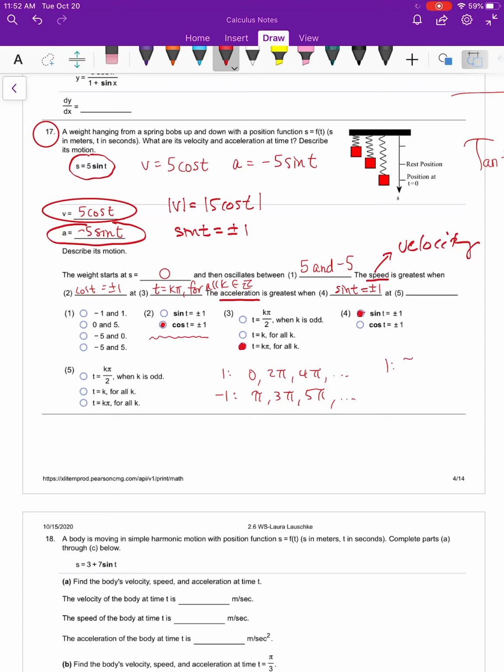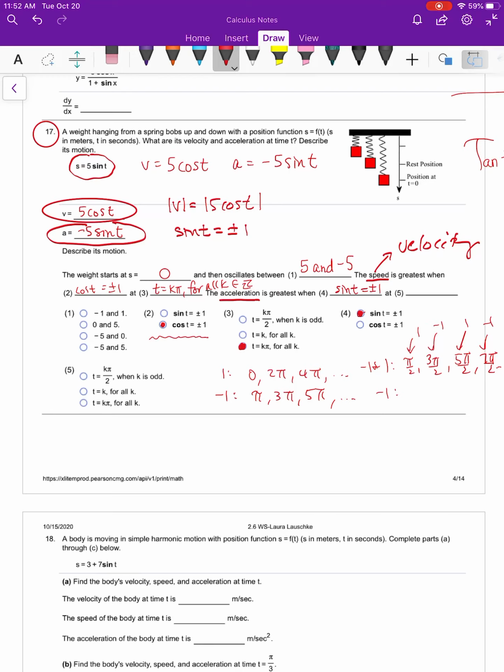Well, the sine is 1 at pi over 2, 3 pi over 2, 5 pi over 2, 7 pi over 2, and so on. And it's -1, or I'm sorry, it's +1 at pi over 2. Here's where it's +1. Here's where it's -1. Here's where it's +1. Here's where it's -1. So I did that one, -1 and +1.